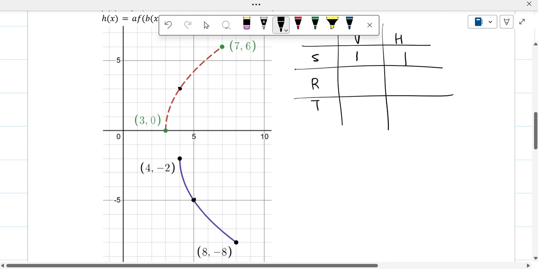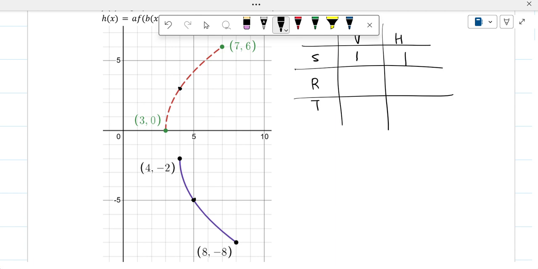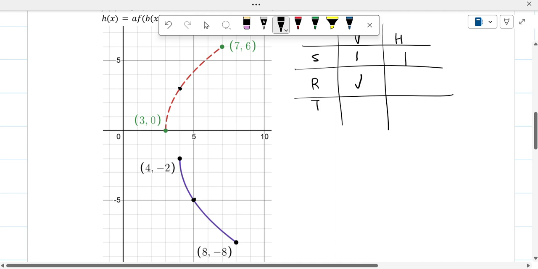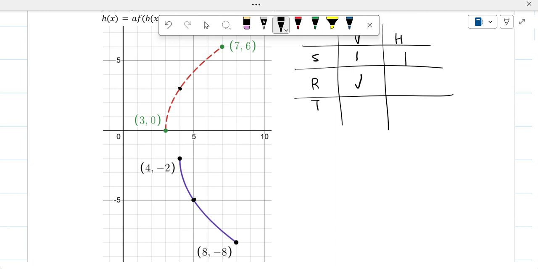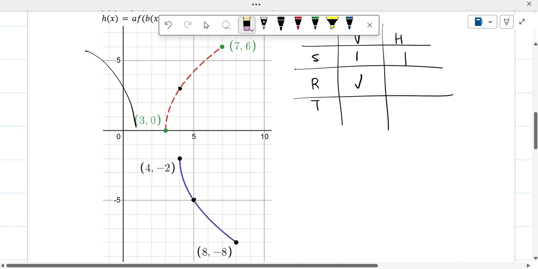So I think overall it tells me quite easily that there is a vertical reflection. So let's say that there is a vertical reflection. Finally, the horizontal reflection. Well, if there were a horizontal reflection, my graph would be going downwards like this. That's not existent, so there's no horizontal reflection.